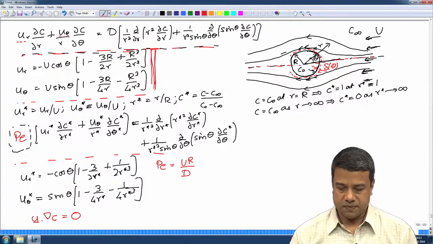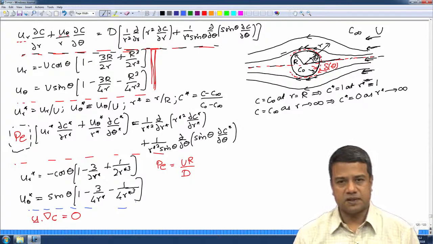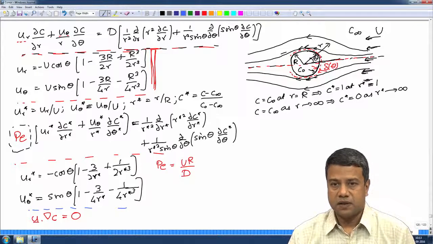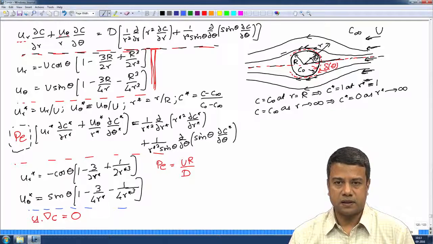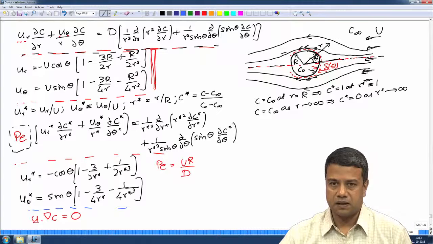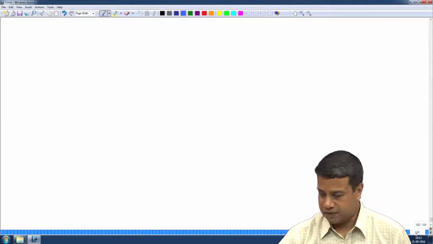The velocities themselves are rather complicated in form. However, we are only interested in the flow field close to the surface of the particle, because we anticipate that the diffusion from the surface will be restricted to a thin boundary layer near the surface in the limit of high Peclet number.